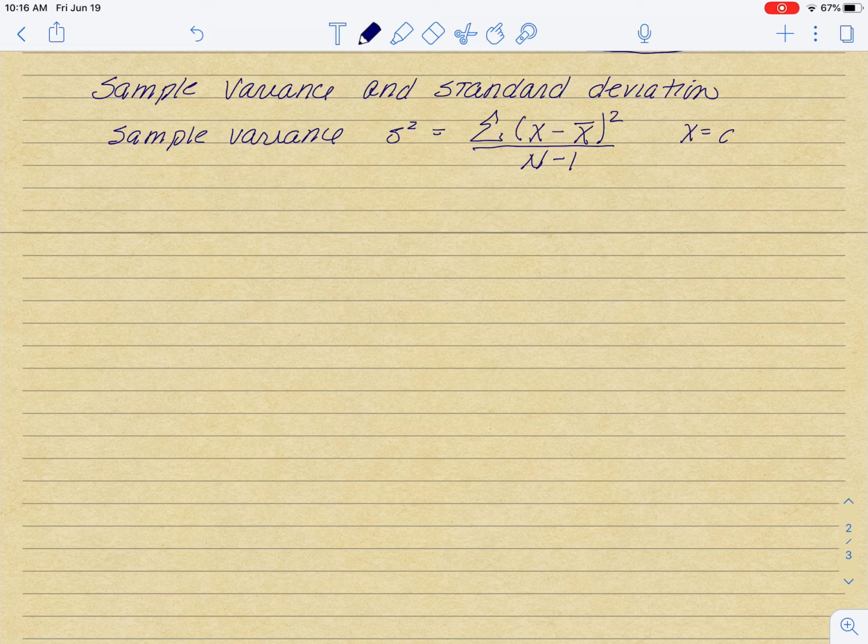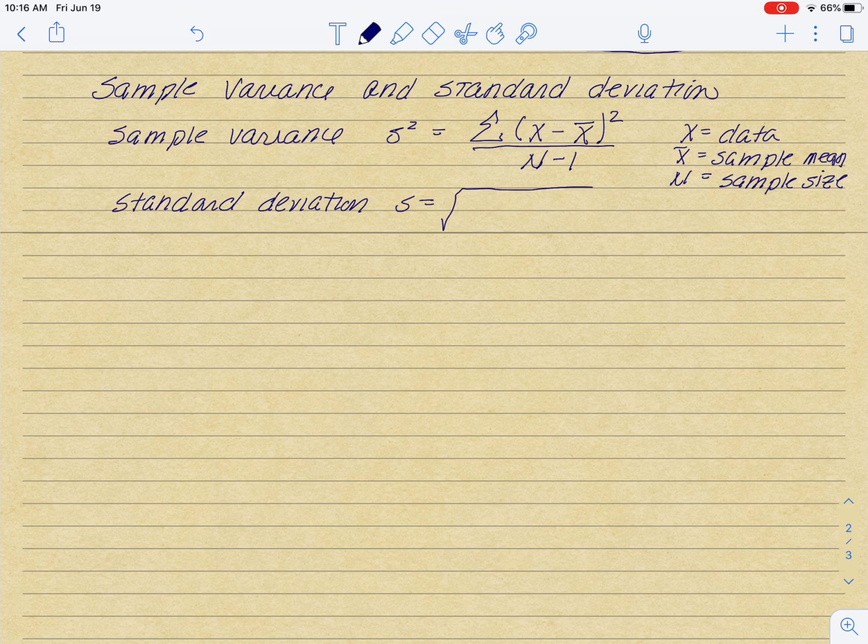So x is the data, x bar is the sample mean, and n is the sample size. Okay. And then standard deviation would be just the square root of that. S is the square root of that formula.